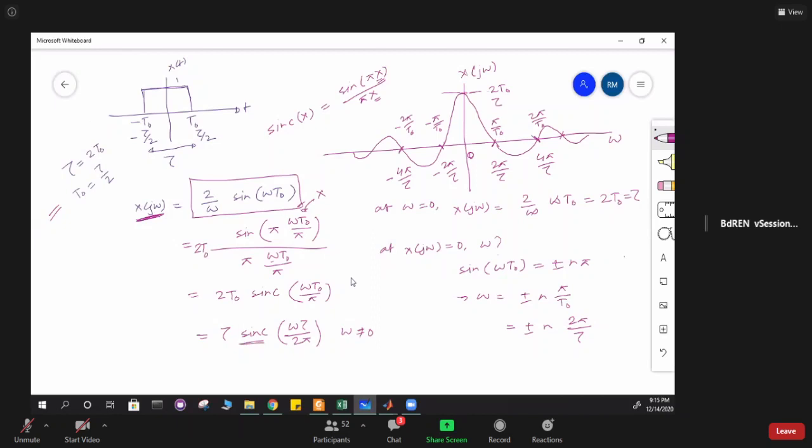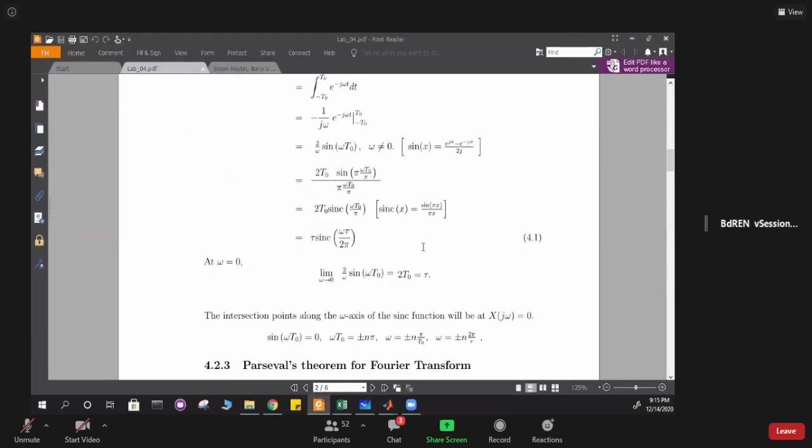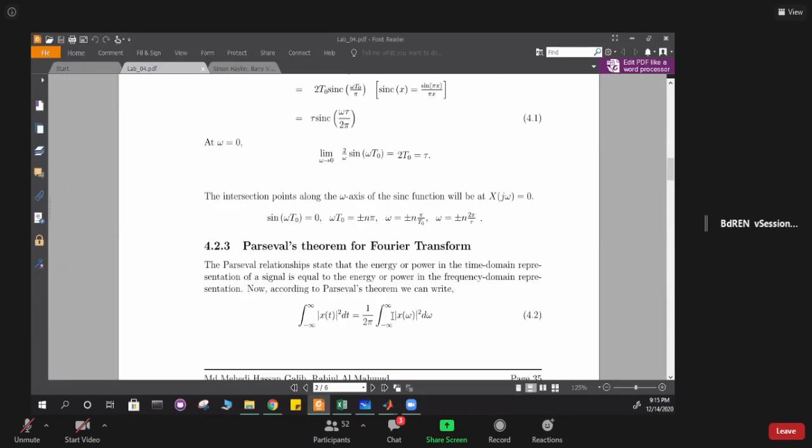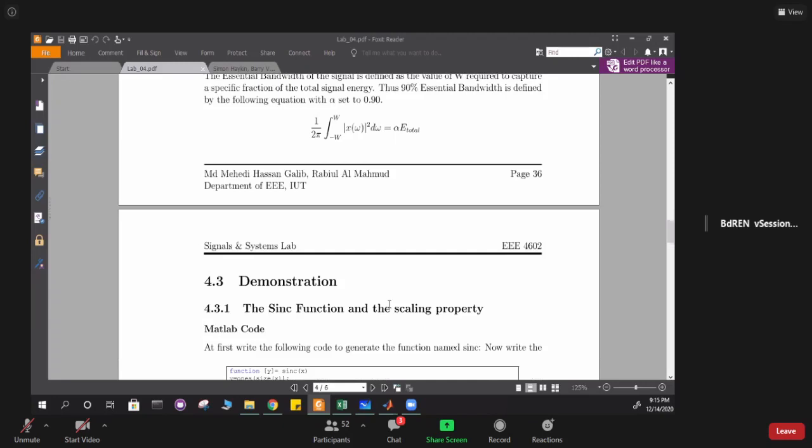How can we create a user-defined function for this particular sinc function? We'll see that in the coding. These things have been written here, the derivation parts, but I just explained so that things will be easier for you, and hopefully all of you have understood up to this.